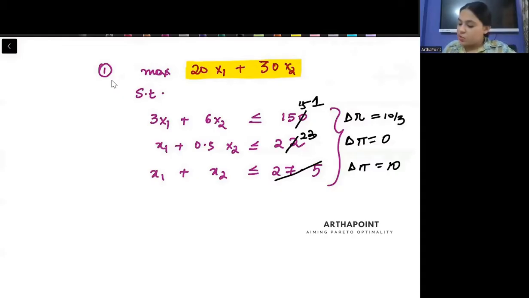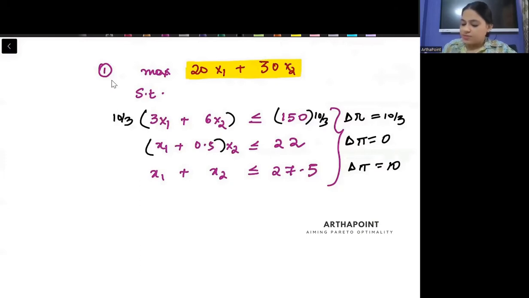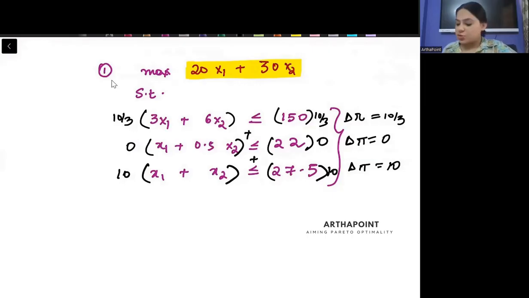Then we said, beta, whatever these marginal profits are, just go ahead and multiply those. So I am saying multiply this by 10/3 on both sides. Multiply this with 0 on both sides. And multiply this with 10 on both sides. And add. So beta, from the first equation what will come?